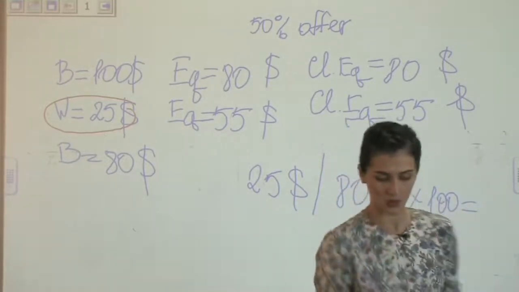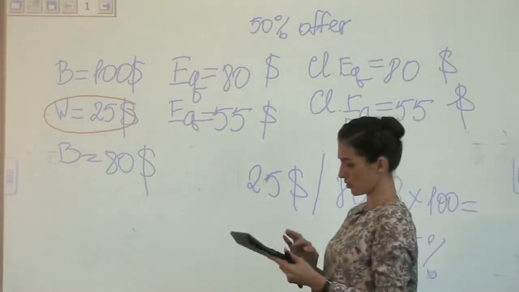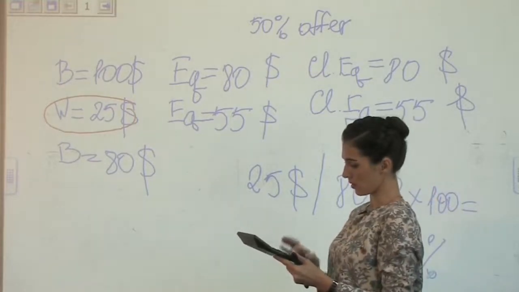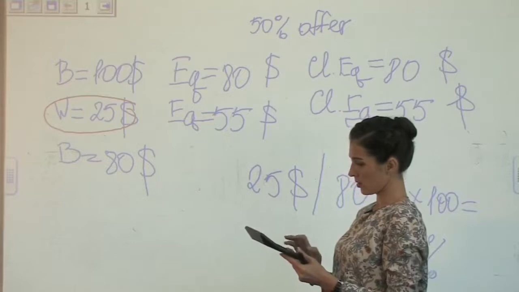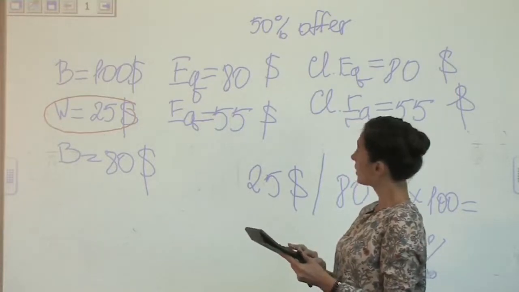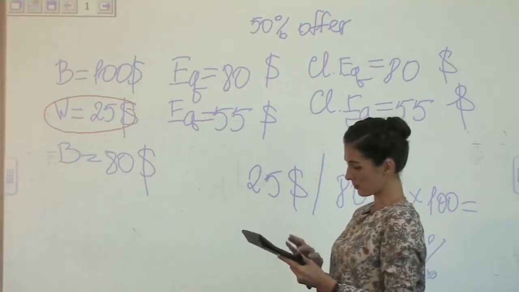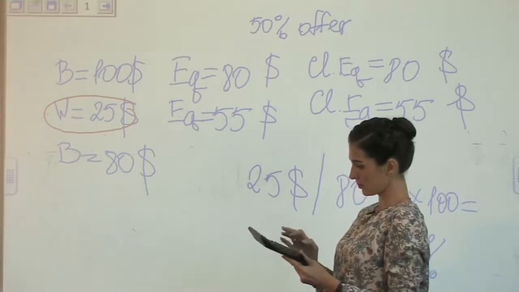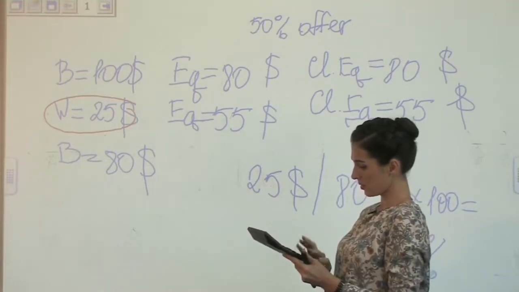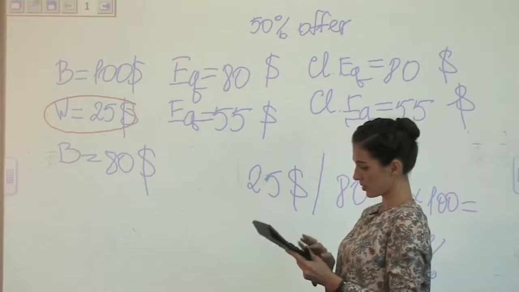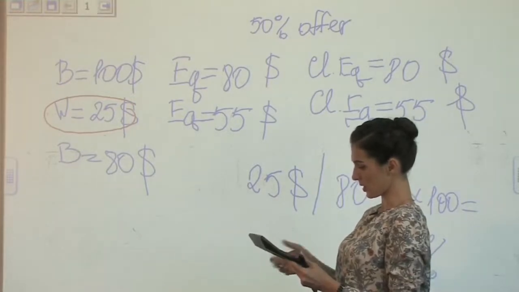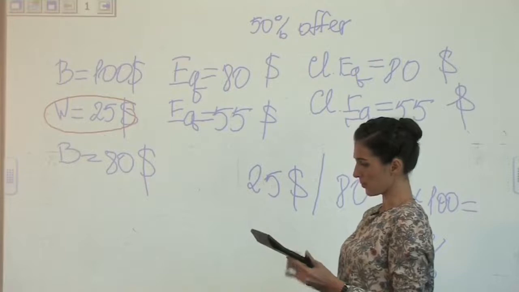Okay, and what I wanted to do? I wanted to see how much it could be in the balance at 100 minus 31.25.